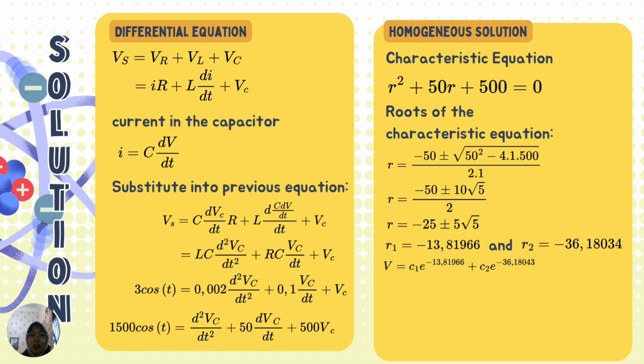In the end we got Vh equal to C1 exponential of minus 13.81966t plus C2 exponential of minus 36.18034t.